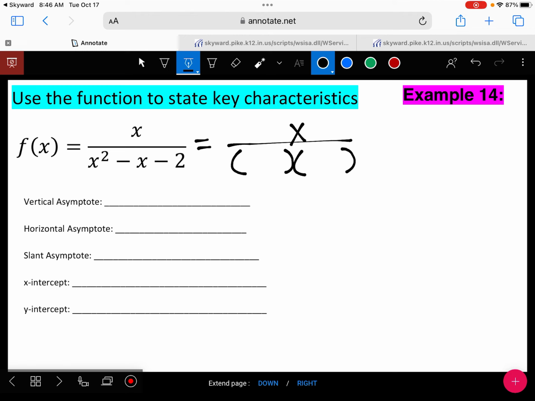Two numbers that multiply to be -2 and add to -1. -2, +1. This is a single fraction. So there isn't like a +3 on the outside. It's just one fraction. This is not a special case, so it's straightforward.